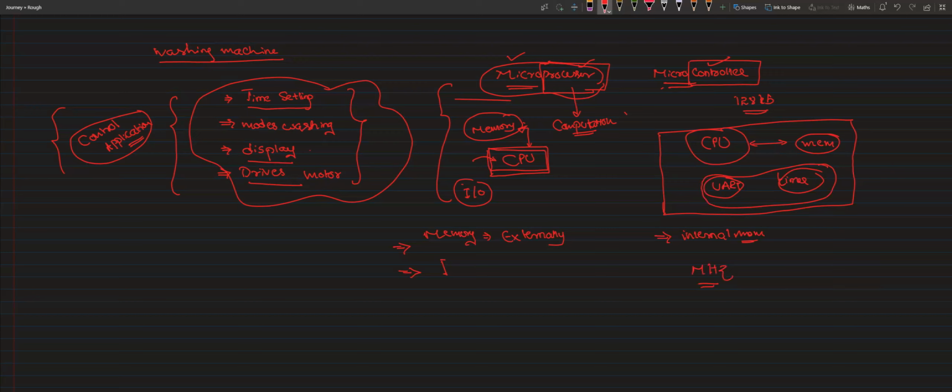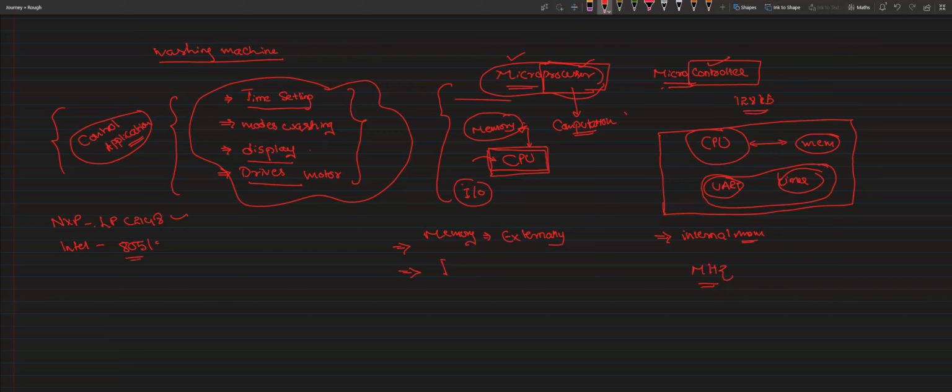Now, there are various microcontrollers. From NXP, we have the LPC2148, and from Intel, we have the 8051. These are just two examples.